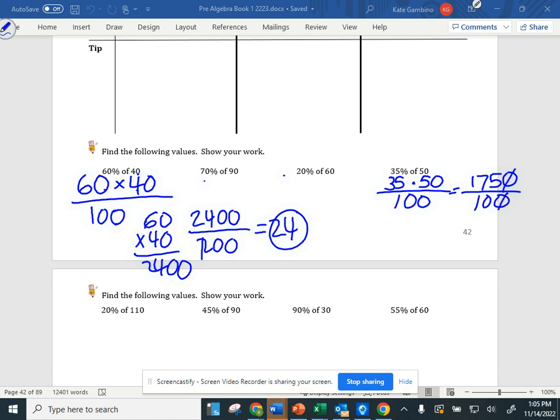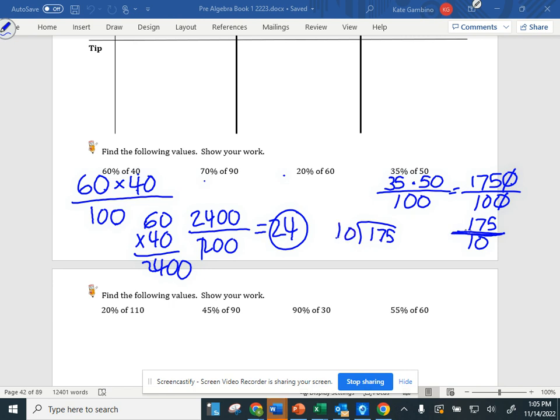So now I can simplify it that way, right? I can take out those zeros, so I ended up with 175 over 10. Did you see how I did that? I divided out. I canceled out one of the zeros. Then I'm going to have to go and do my division, because that fraction bar means to divide.